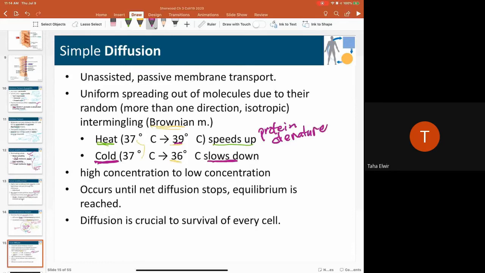So in your earlier chapters that you're supposed to read on your own, we know that there are amino acids in a chain, and they can then go into an alpha helix or into a beta pleated sheet. And these can then get folded, and we have a tertiary structure for a protein.